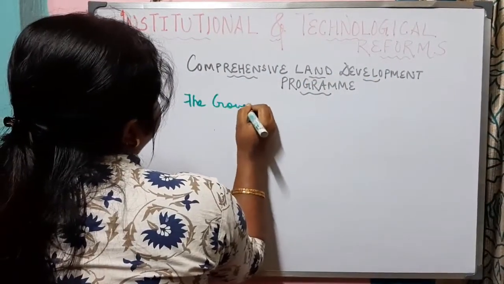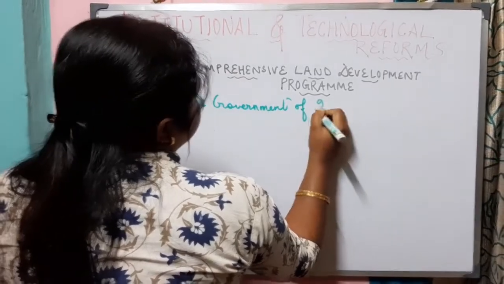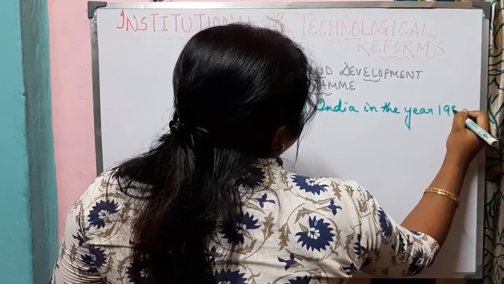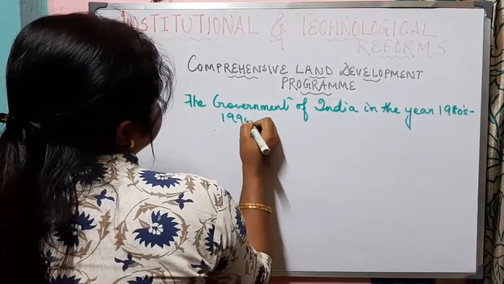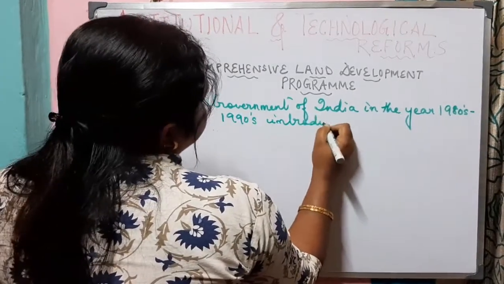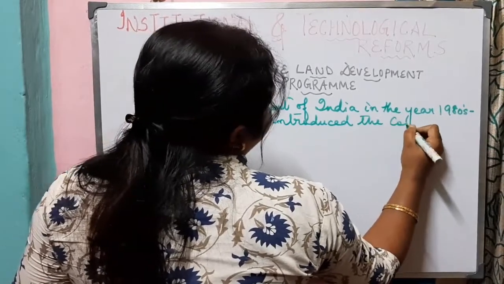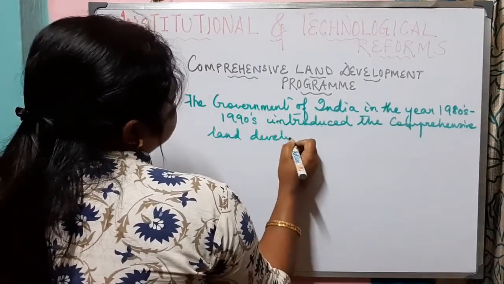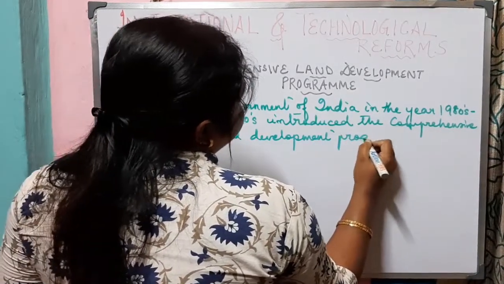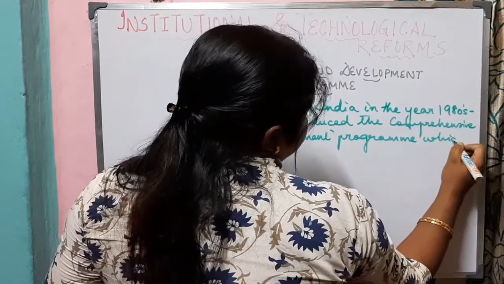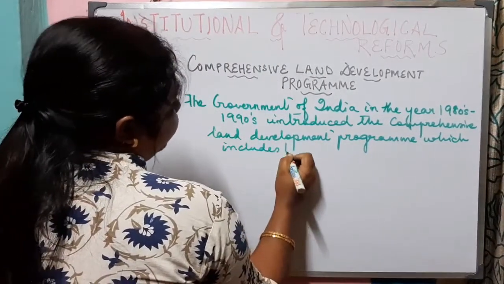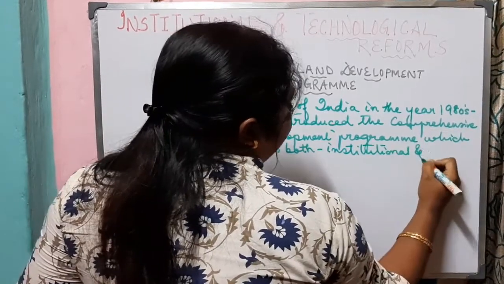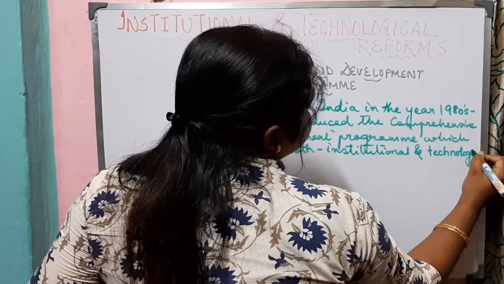So the Government of India in the 1980s and 1990s introduced the Comprehensive Land Development Program, which includes both institutional and technological reforms.